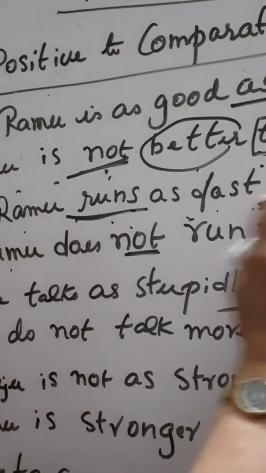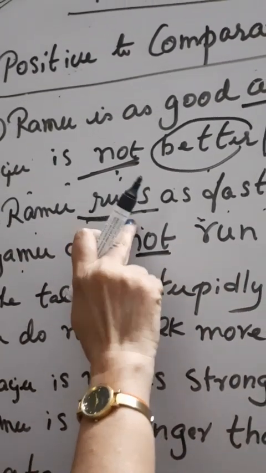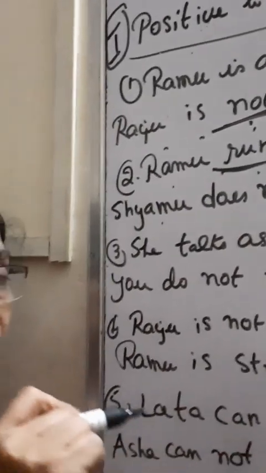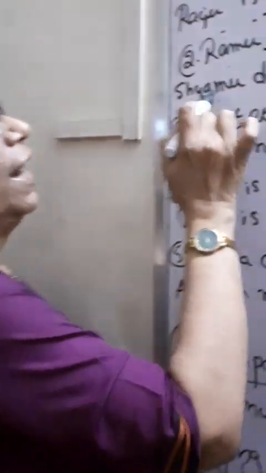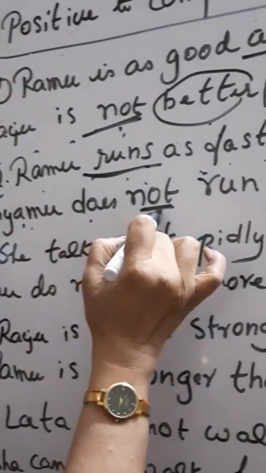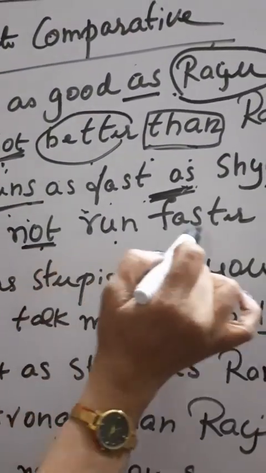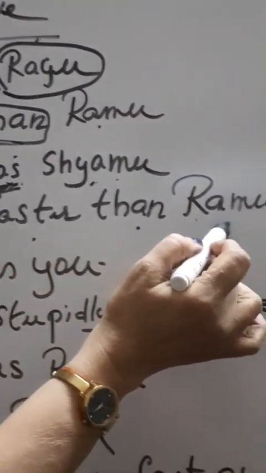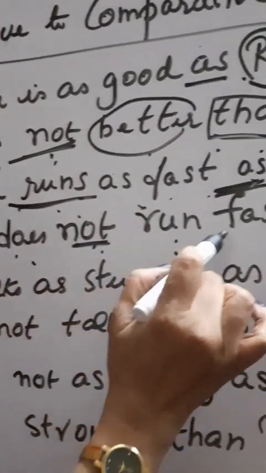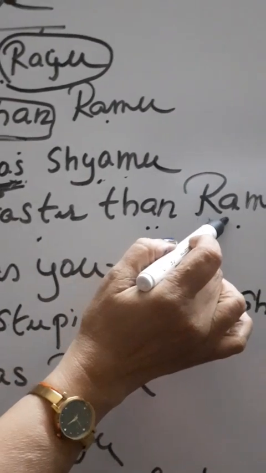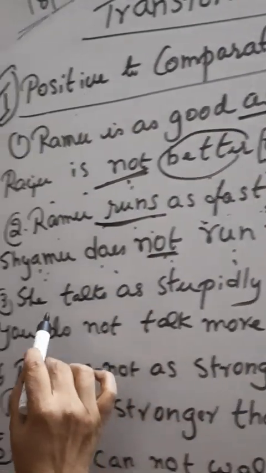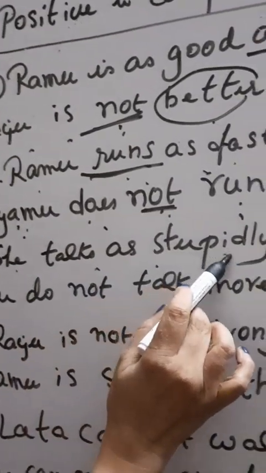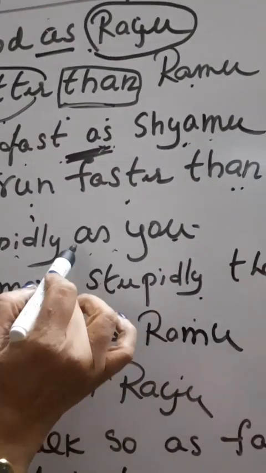With he, she, it, we use does. That is why Shamu does not run faster than Ramu. Fast, faster.